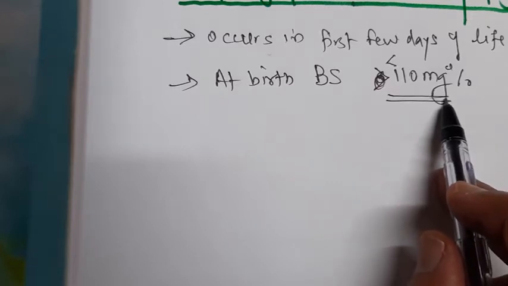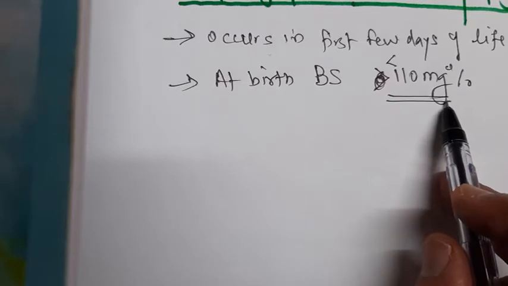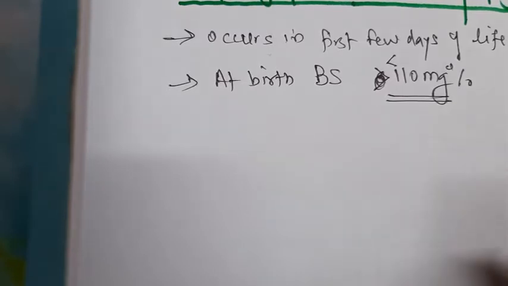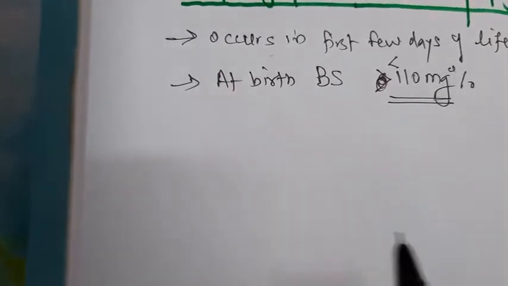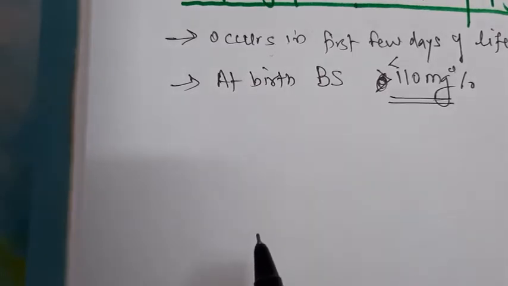If you don't feed the baby pigs, or if they fail to suckle shortly after the birth, what will happen? Their blood sugar level rapidly goes down, isn't it? It drops rapidly to the hypoglycemic level.